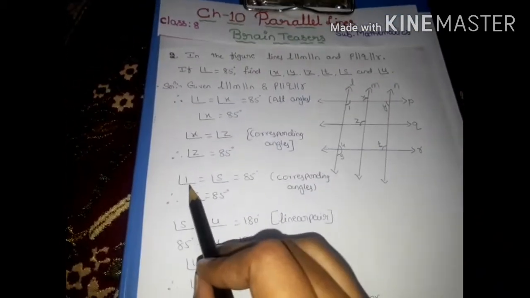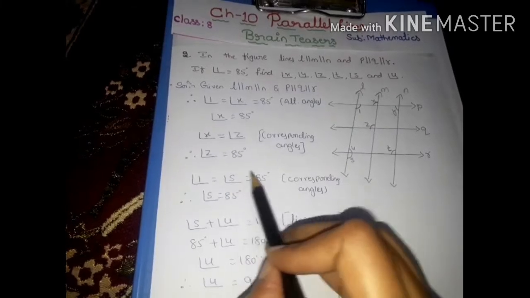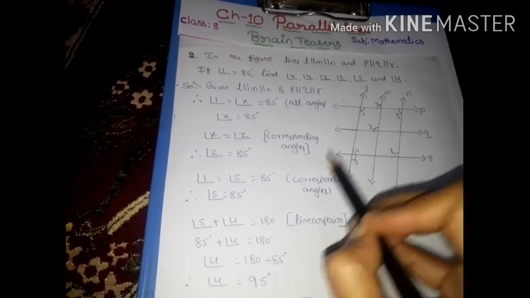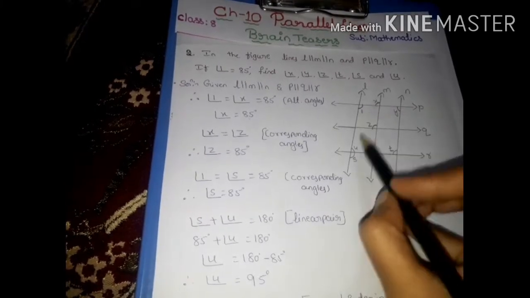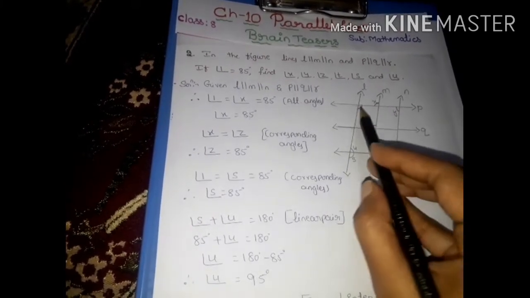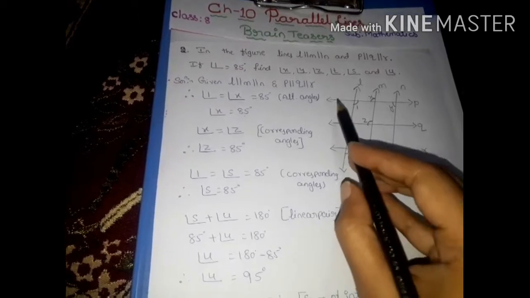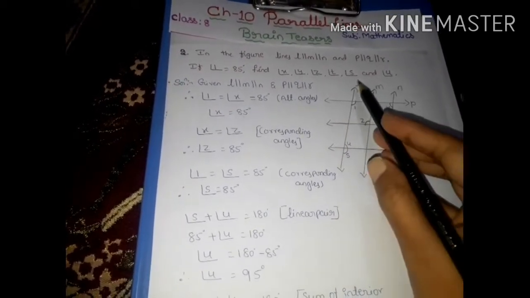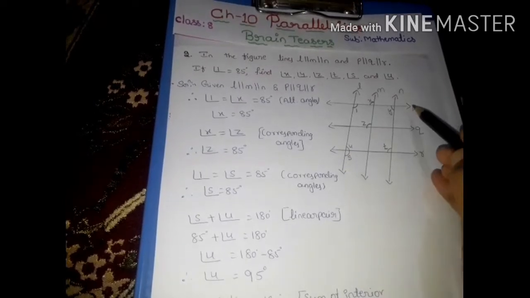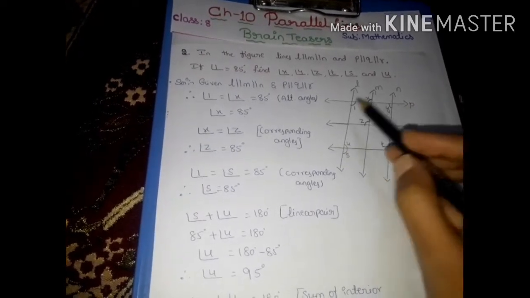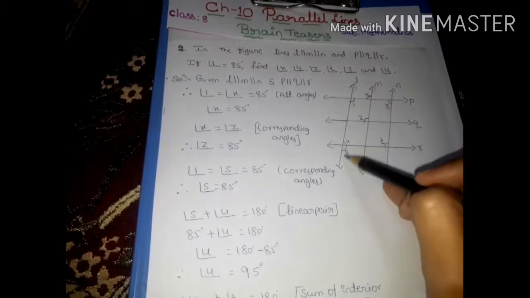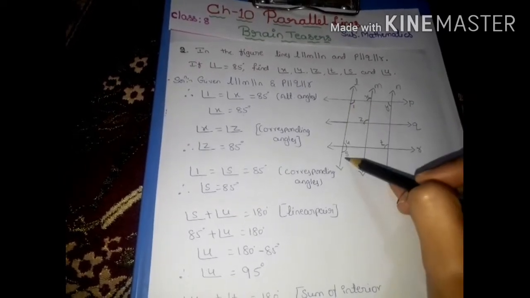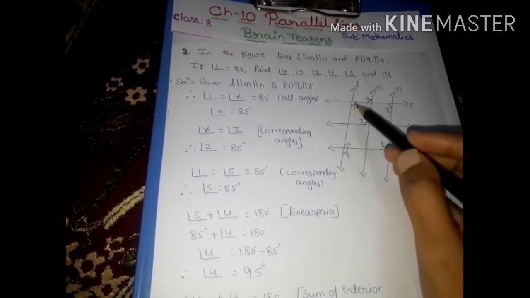Next, angle 1 equals angle S, which is also 85 degrees, because of corresponding angles. Here consider P and R as parallel lines and L as a transversal. Then angle 1 and angle S are corresponding angles.